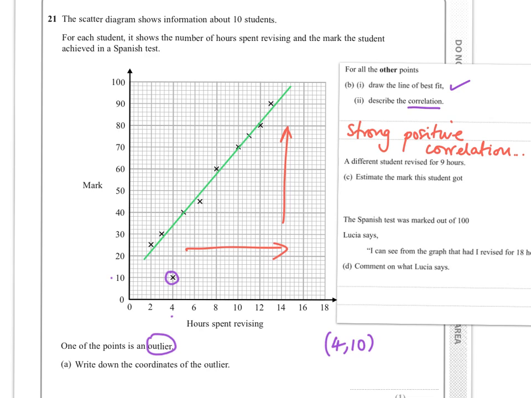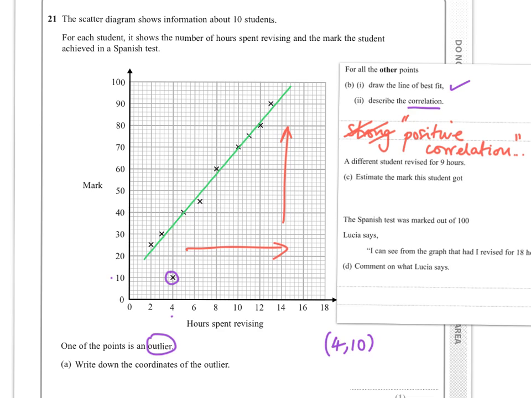If the crosses aren't as gathered around the line as they are here, you don't have to use the word strong. You could just say positive correlation, or just write a sentence in English saying the more hours spent revising, the higher the mark for the Spanish test. But positive correlation is much quicker.